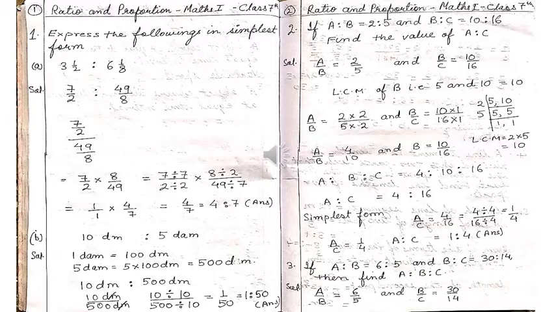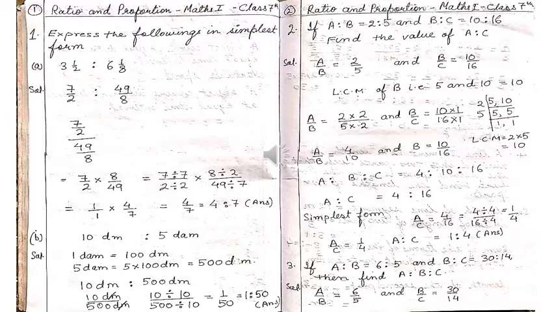Now 10 decimeter and 500 decimeter. Now these decimeters will be cancelled because the ratio does not have any units. Now 10 upon 500 is left. Now divide with 10 the numerator and the denominator part. 1 upon 50 will be left. So we can read it as 1 is to 50 will be the answer.